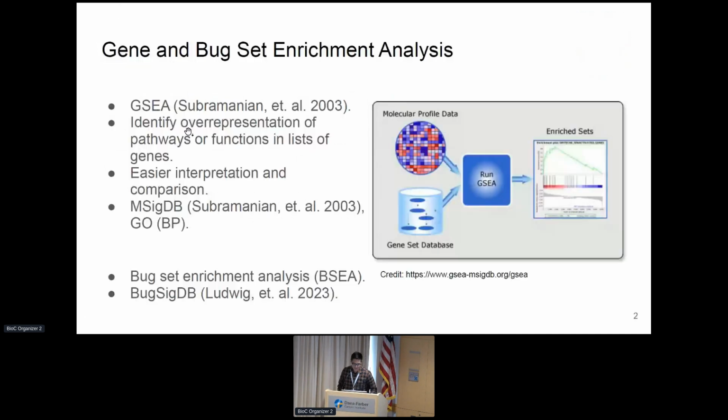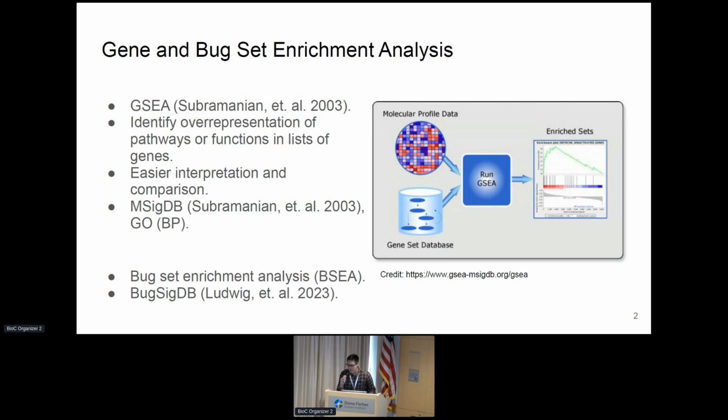So I would like to start by speaking a little bit about set enrichment analysis, which is a computational method commonly used in transcriptomics, mainly used to identify overrepresentation of pathways or functions in a list of genes.